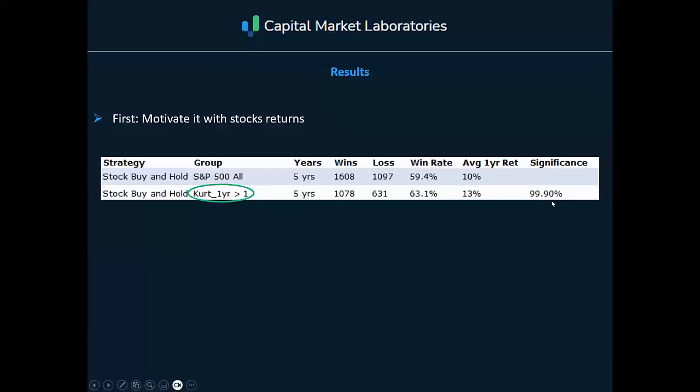So what that means in English is that, by the way, we're not done. I have many more to go on this slide. If we just were to stop here, there is a 1 minus 99.9% chance, so 0.1% chance, that we would find these results as they are and that it would be random.